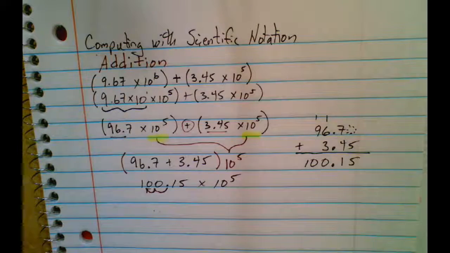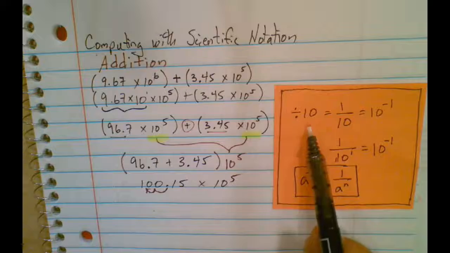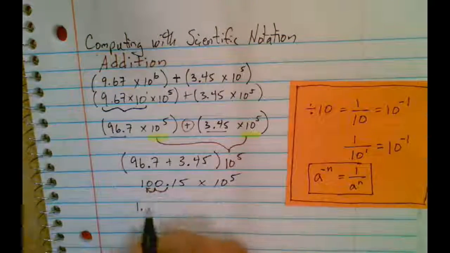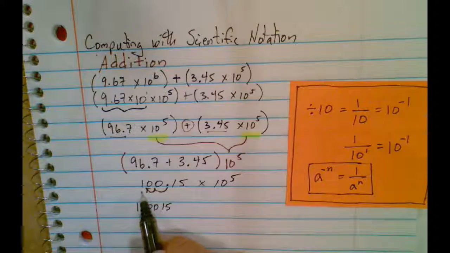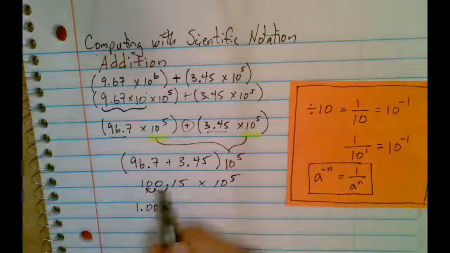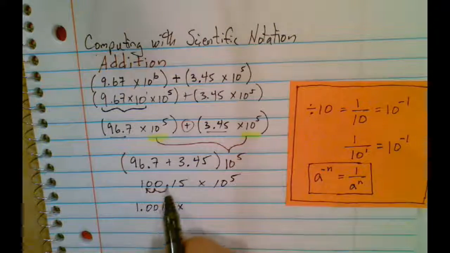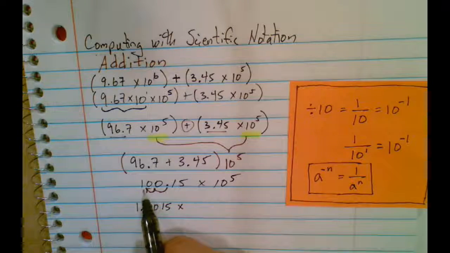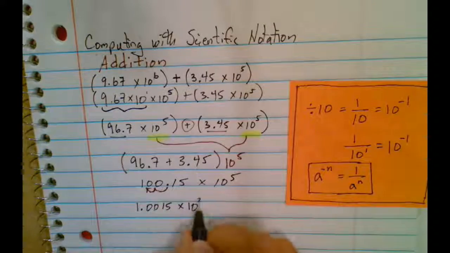So dividing by 100 gives me 1.0015. I divided by 100 because I went twice: once, twice. So to return this, I'm going to have to multiply by 100, and 100 is simply 10 to the 2nd power.